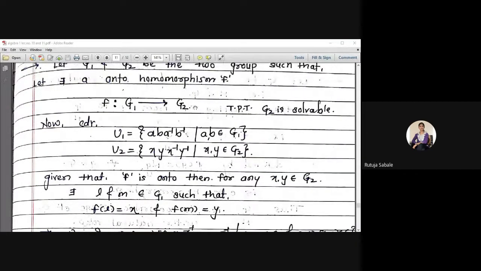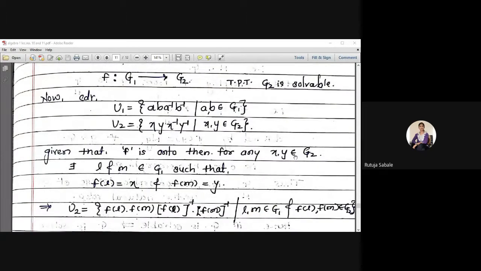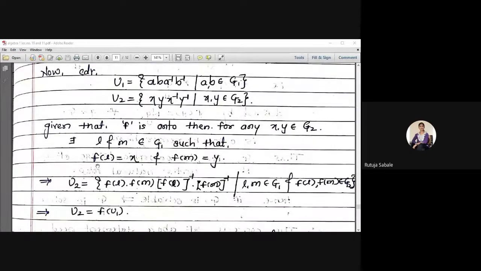For every element in G2 there exists a pre-image in G1. Why? Because f is onto. Hence, for any x, y belonging to G2, we get l and m belonging to G1, hence f of l is equal to x and f of m is equal to y.